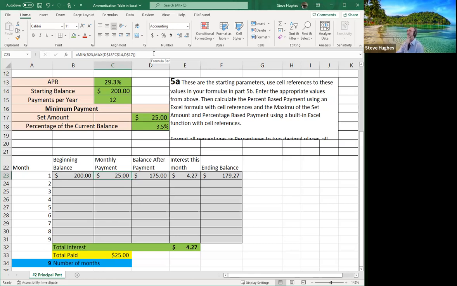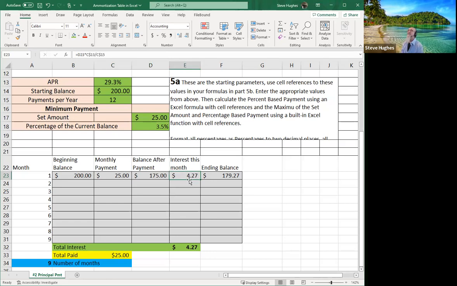The next thing I want to find out is what is my balance after I've made the payment. If I take $200 minus $25, you guys can see the formulas there, I now have a balance of $175. At this point, I need to calculate some interest.